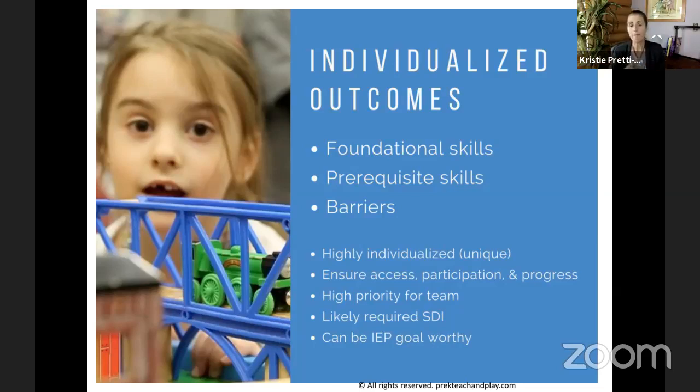Also caution about foundational skills. Again, children with disabilities may stay on some foundational skills their whole life, and that's okay. There is no requirement to be in inclusion or to go to the next age or grade level that says you have to pass foundational skills.